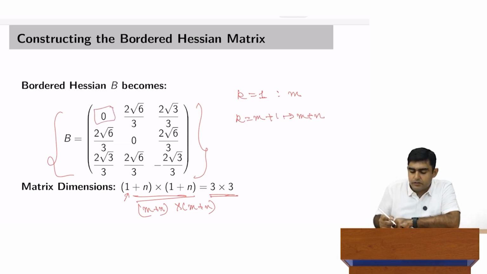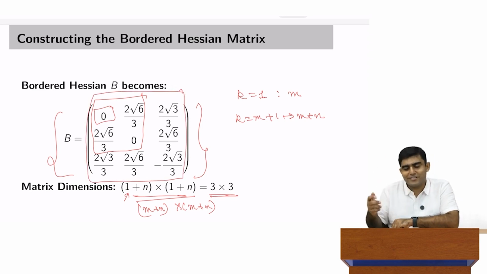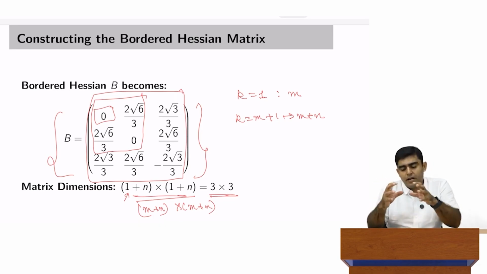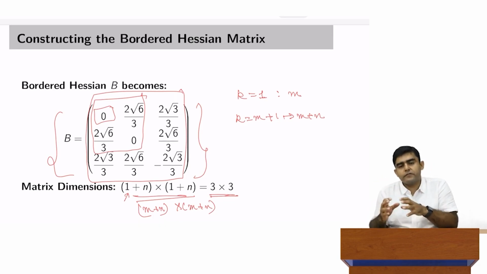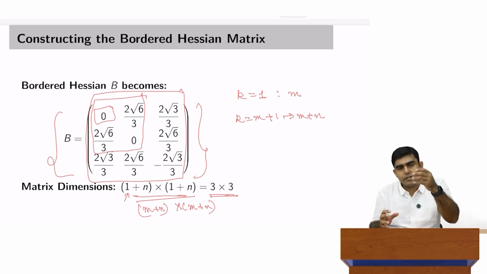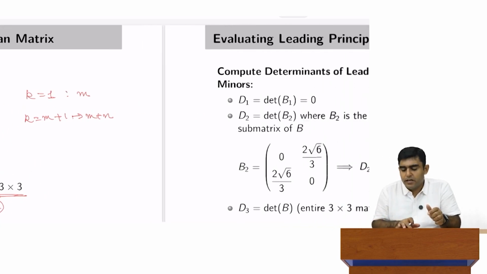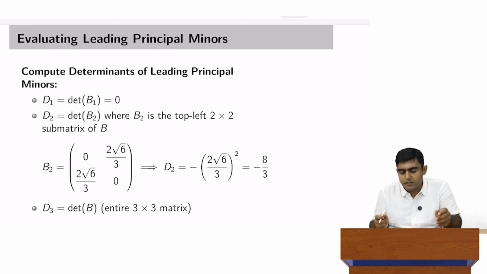So, we will first look for this matrix, then we will go to this matrix, and finally, we will check for the bigger matrix. This is exactly what we meant by the variations from k equal to 1 to m and so on, that we will keep on finding these lower rank matrices and finally the full rank matrix, and keep on calculating their determinants, check for the signage, multiplied by minus 1 raised to power k, and see whether we are getting the consistent patterns of positive sign or not.